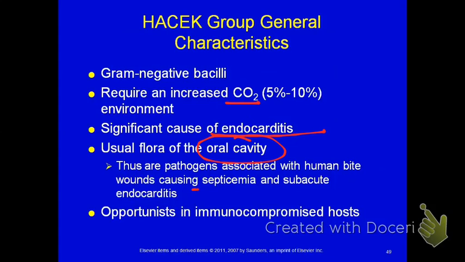You call that septicemia, and eventually the organism will go to the heart of the person that you just bit. So it will result in subacute endocarditis. Okay, so the moral of the story: do not bite, particularly if the person that you're going to bite is immunocompromised.